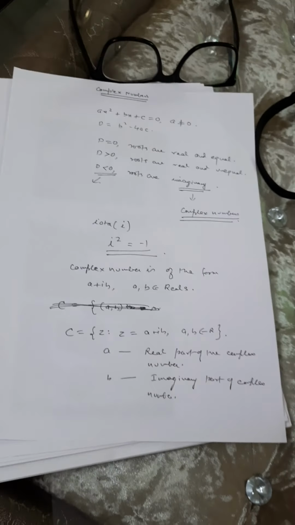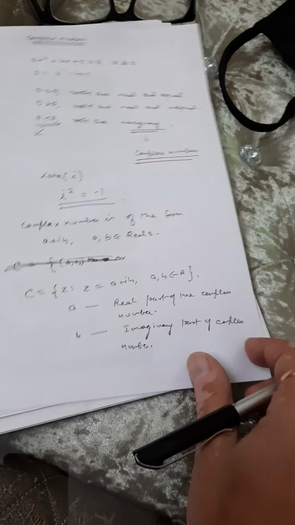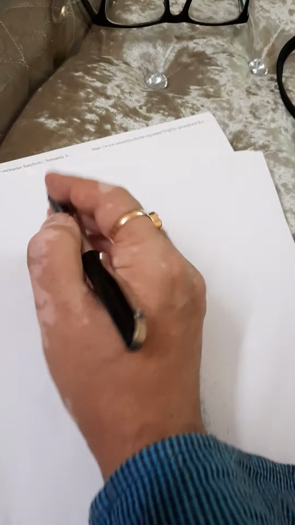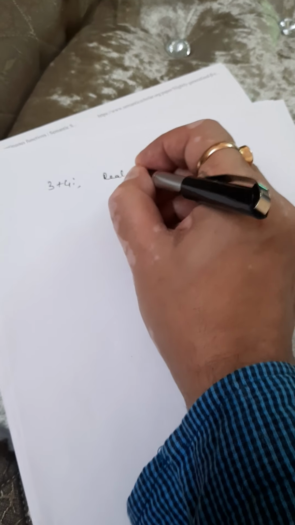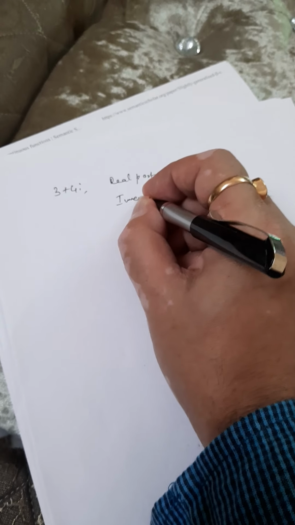For example, I have the complex number 3 plus 4 iota. Here the real part is 3, imaginary part is 4.